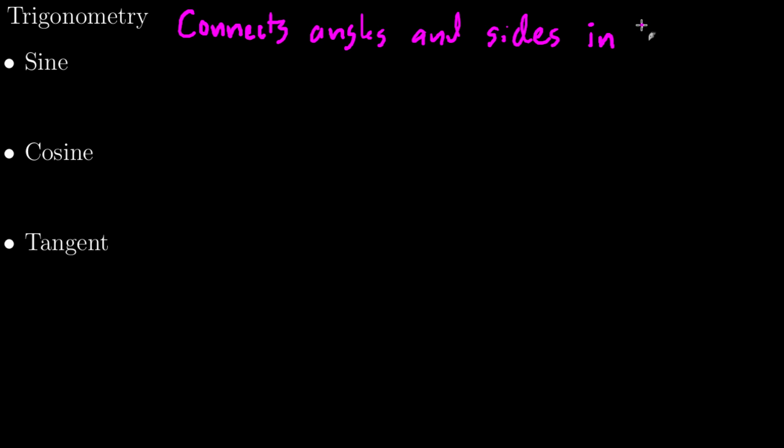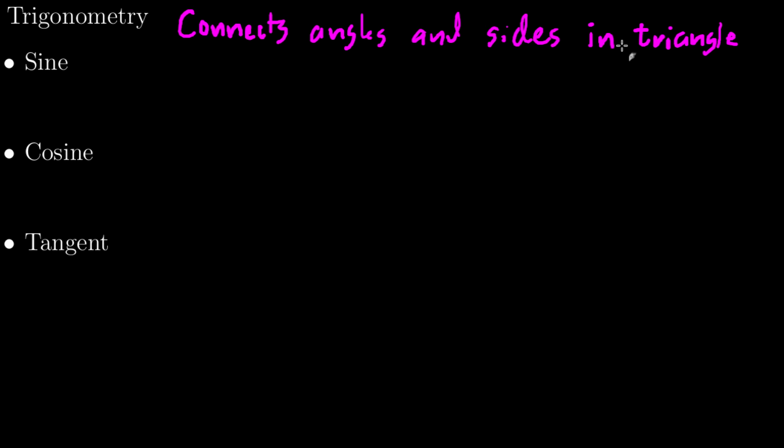So trigonometry connects angles and sides in triangles. However, for our purposes in this lesson and most purposes in a second year high school, we're only going to look at right triangles for now.